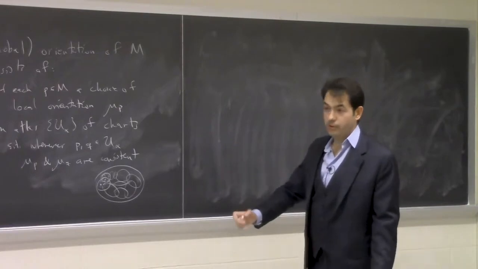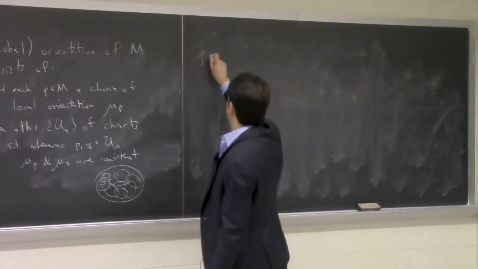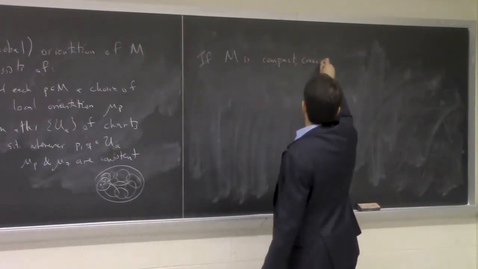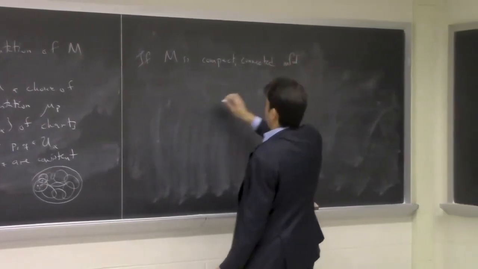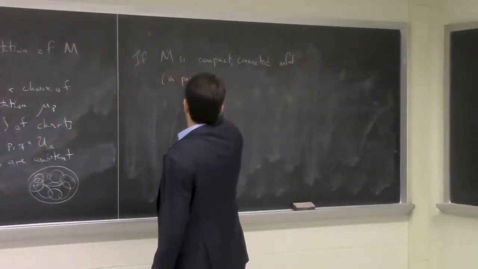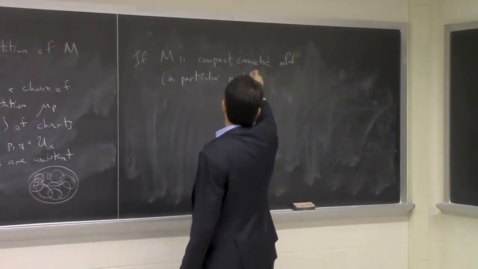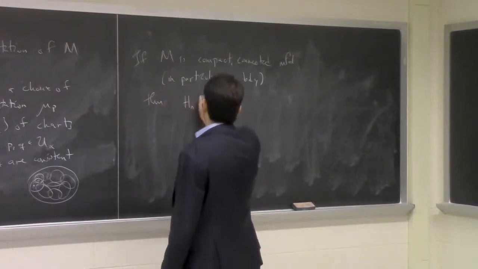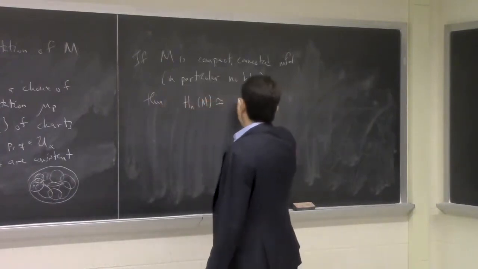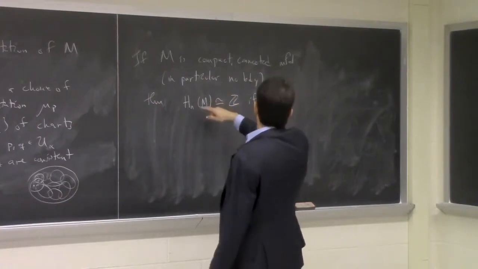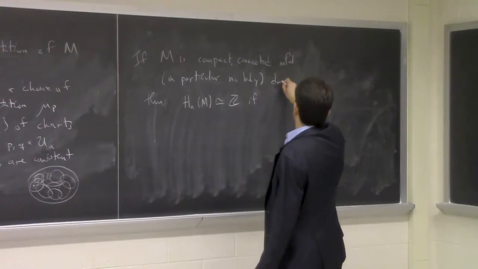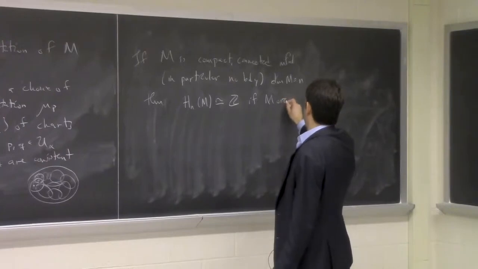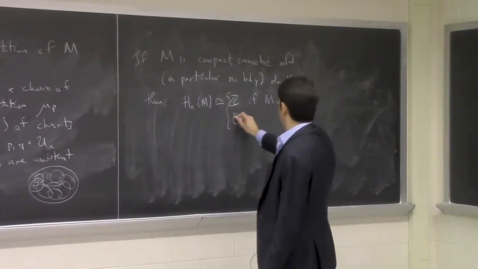So next semester, we'll prove the following fact. If M is a compact connected manifold, so no boundary, then H_n of M, with n the dimension, is the integers if M is orientable, and 0 if not.